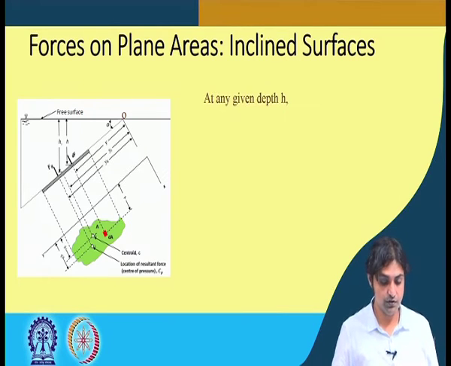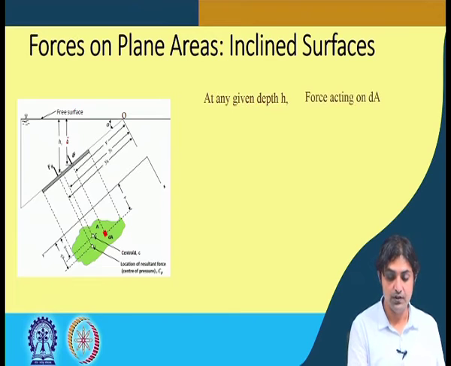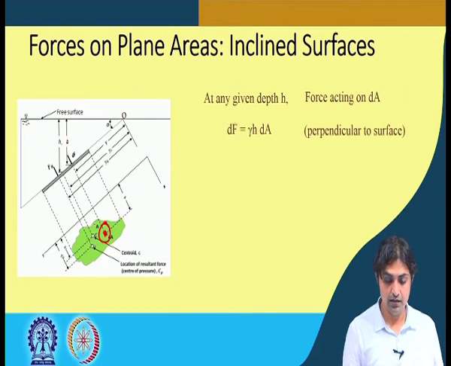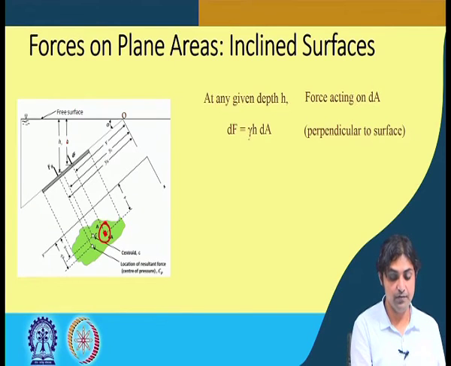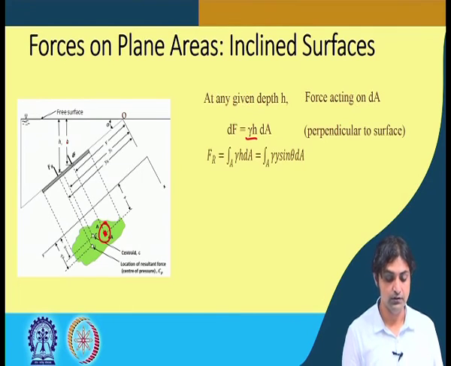For any depth h, let us say that the force acting on an area dA will be, because it is at depth h, dF is pressure into area, gamma h dA. This dF is perpendicular to the surface, that is very important.